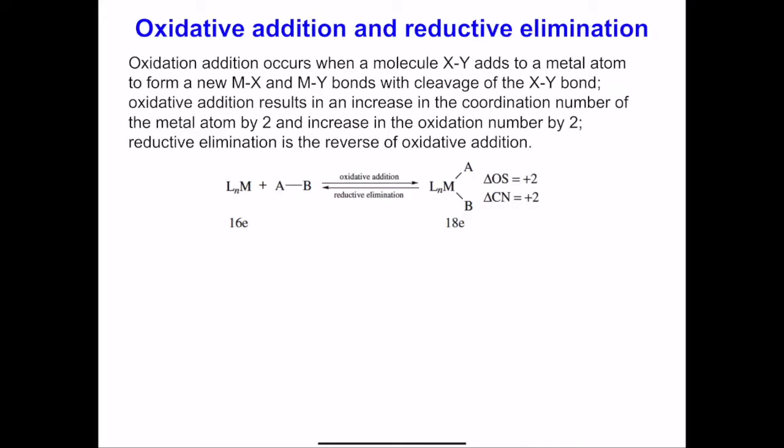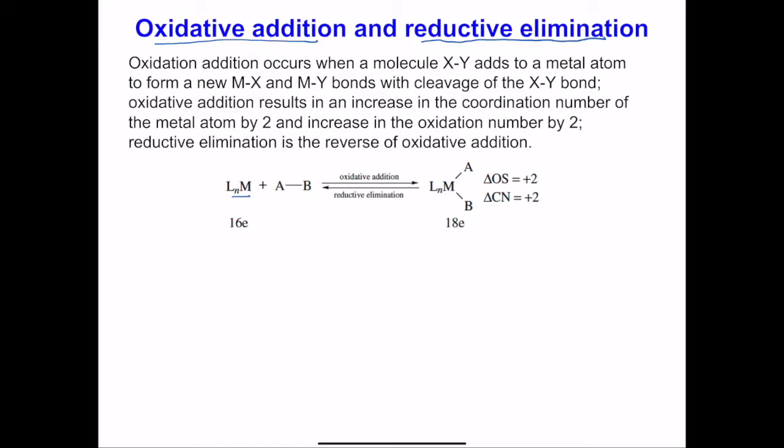The first one we are going to talk about is two kinds of reversible reaction models. We call one oxidative addition, and the second one, the reverse model, we call reductive elimination. So what's oxidative addition? Normally it starts with a 16 electron transition metal compound.